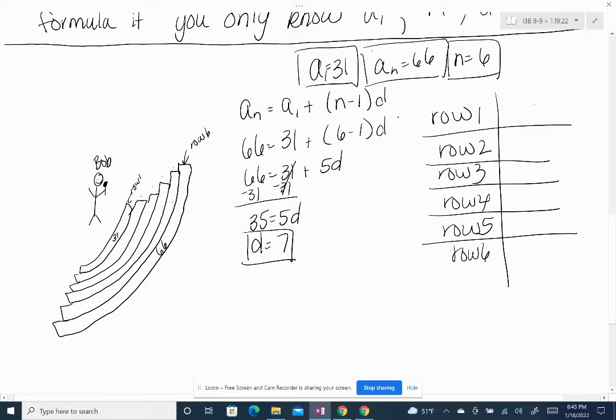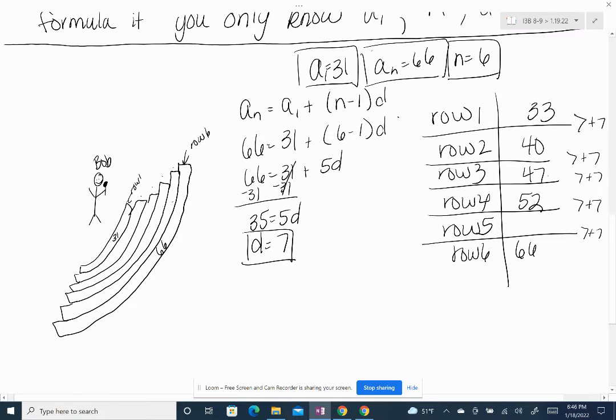Okay, so I know the first one's 31, and I know the last row is going to be 66. So we're going to do plus 7, plus 7, plus 7, plus 7. And we know it's a plus 7 because our d is 7. That's what we just solved in that last equation. Really similar to the arithmetic mean that we just did. But like I said, we're going to add an extra step after.